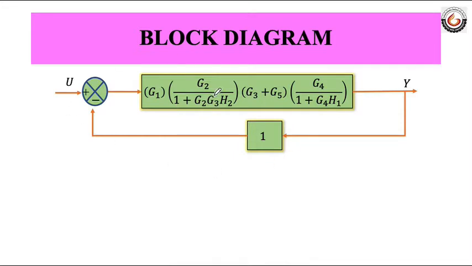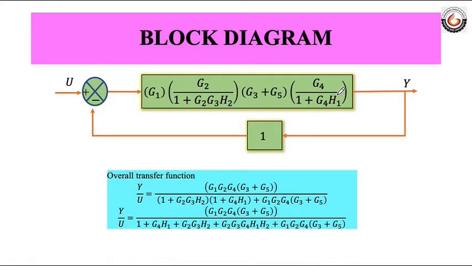So this will be a single block now, and I can just add a unity feedback to this. So now I have a simple feedback loop and I can apply the feedback loop formula and get the transfer function. So the overall transfer function will look like this. I am doing all the simplification and then giving you the final answer.